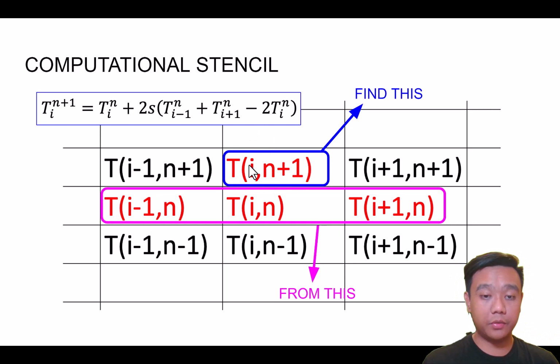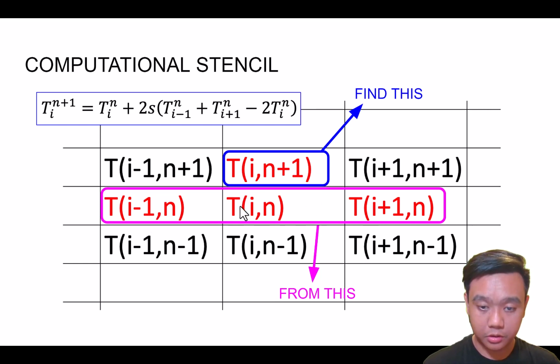So for example, if we want to calculate this blue box here, T i, n plus 1, we just refer to the previous values here, T i minus 1, n, T i, n, and T i plus 1, n. So we can fill in this equation to get this T i, n plus 1. So in the vertical direction, the n will grow, and in the horizontal direction, the value of i will be moving. So I hope you get the idea.